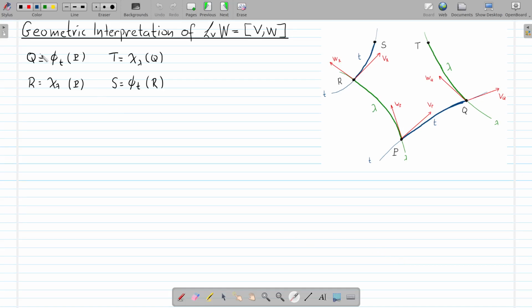As we have already said, P is dragged along phi of t to the point Q. And then the point Q is dragged along chi lambda to the point T. Then the point P is dragged to R using chi lambda, and R is dragged to the point S using phi t.